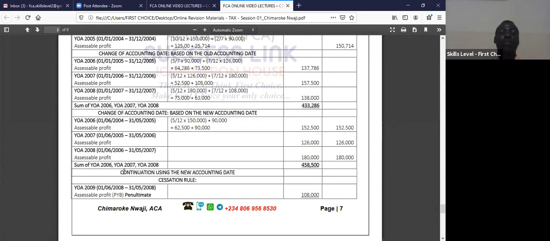Now, we are continuing our account using the new accounting date because these 3 things have been considered. Even though whether we choose this or we choose this is not material, the fact that the FIRS has accepted that the new accounting date should be used would mean that the next year after this change of accounting, 3 relevant years must continue the new date.